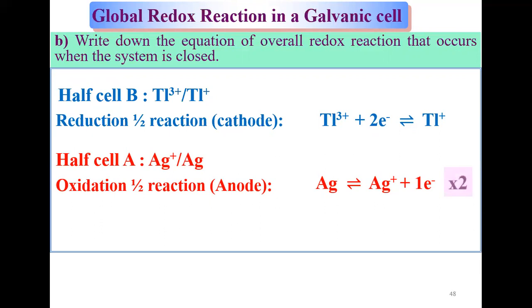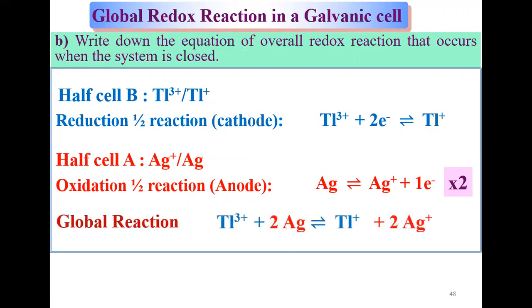Then we should balance this oxidation with the same electrons as the reduction, so we have to multiply it by 2. And once we have that, we can add the two equations to get the overall global reaction.